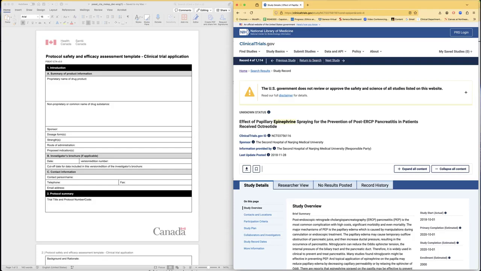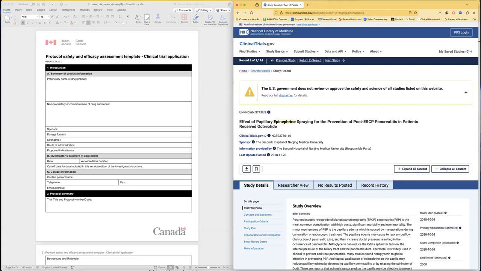So all of the clinical trials that are taking place, at least, of course, one site on the US soil has to be registered in this website.